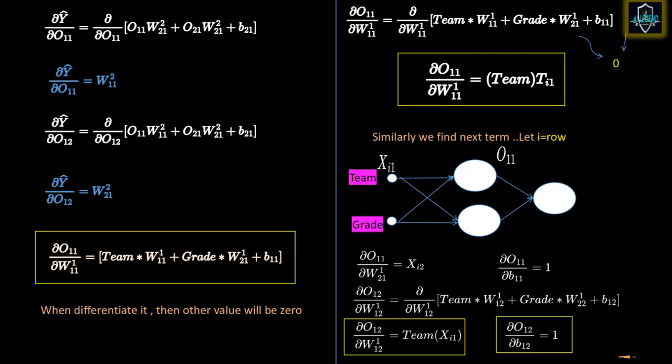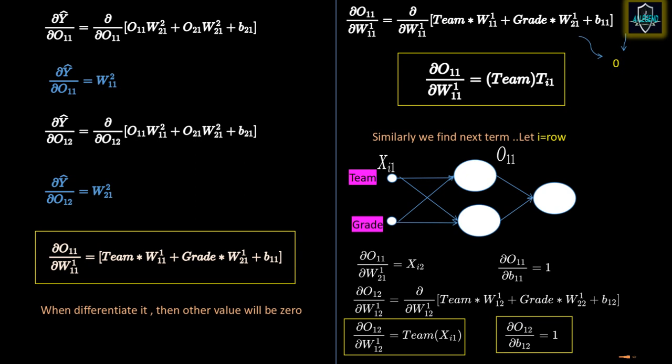We are giving this ith term, so that i is equal to 1 or 2, then O11. Similarly, when we find the next terms, del O11 over del W121 is equal to x2, and del O11 over del B11 is equal to 1.